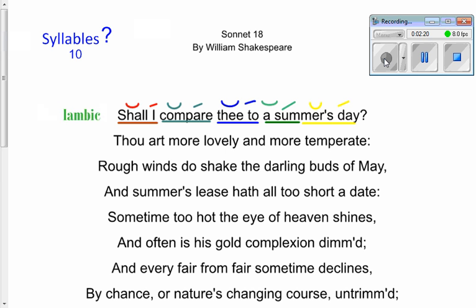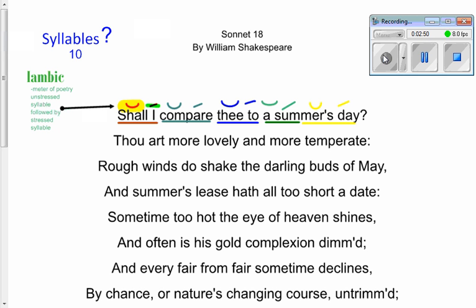And the term for that is iambic. The type of meter it is iambic, which means there's an unstressed syllable, which is delineated here by the little U sign, followed by a stressed syllable, which is delineated here by the accent. And the term for that is iambic.